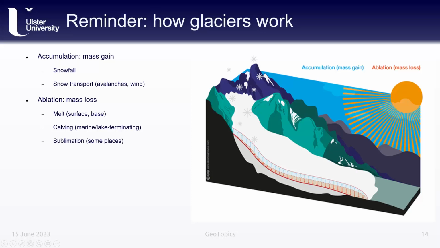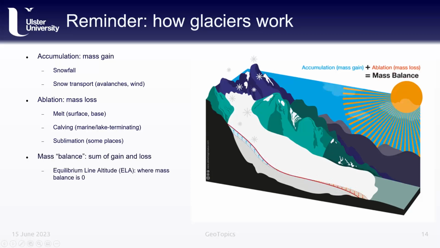And in some places, we also see sublimation being an important mass loss mechanism. So areas where it is extremely dry and warm during summer months can also see a fair amount of sublimation as an ablation mechanism. And then mass balance is just the difference between the mass that is put in and the mass that is taken away.